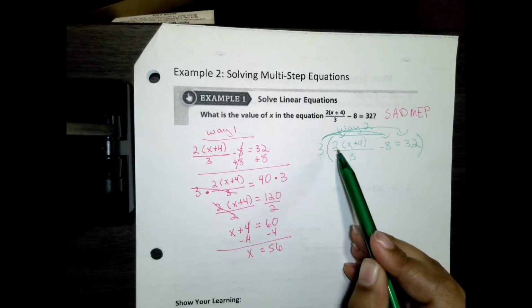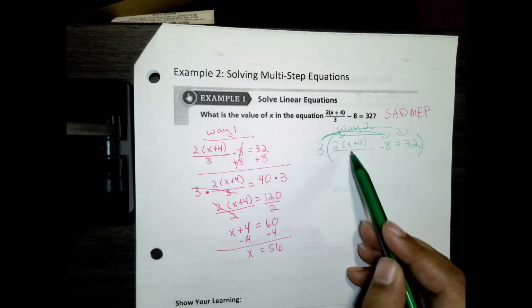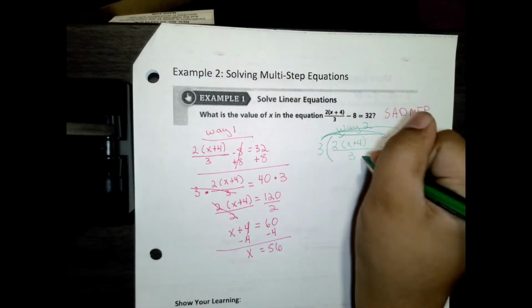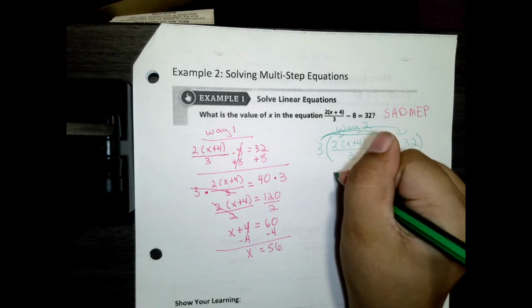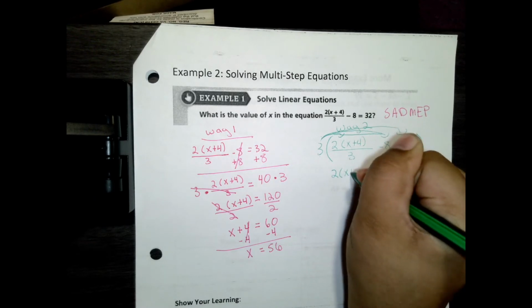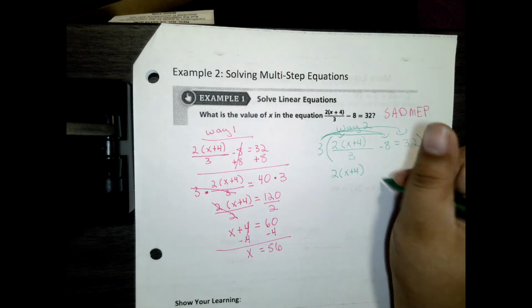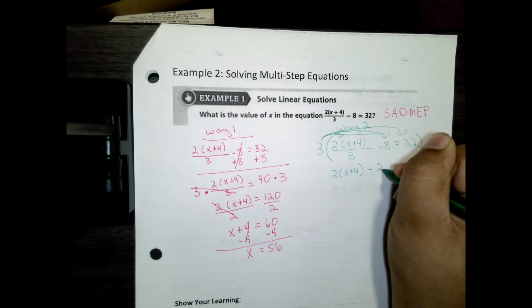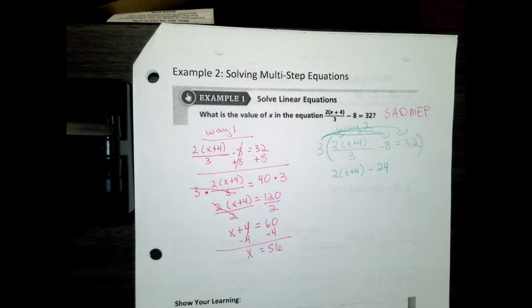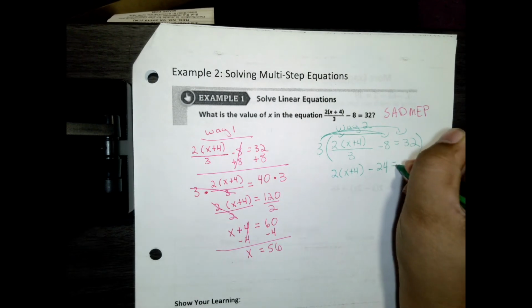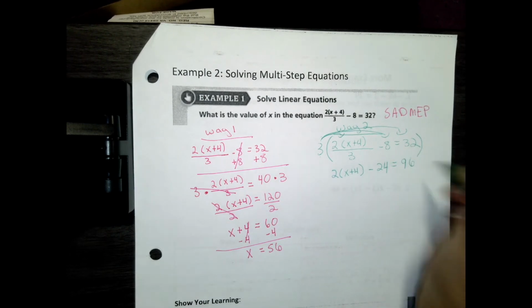So 3 times 2 over 3 x plus 4 cancels out our 3's here, and leaves us with 2 times x plus 4. That's our goal. We wanted to get rid of our 3, right? Negative 8 times 3 gives us negative 24. And then 32 times 3 gives us 96.